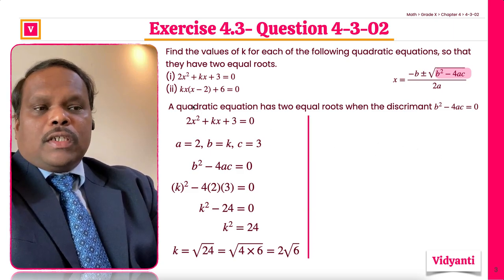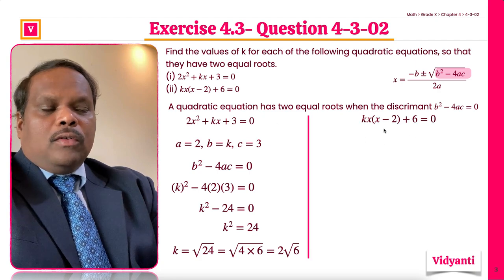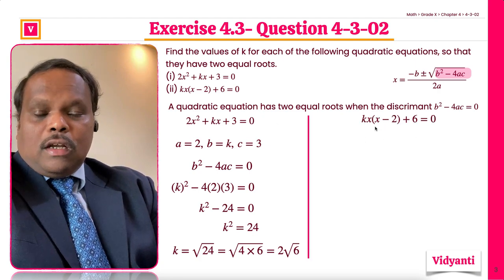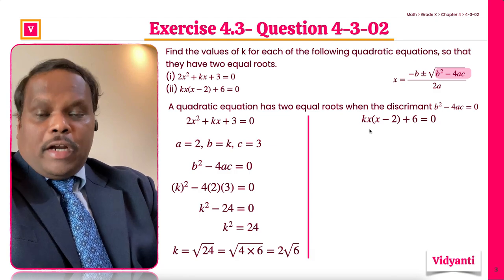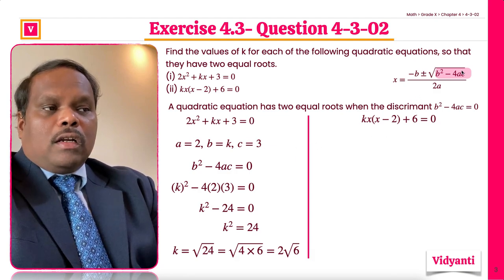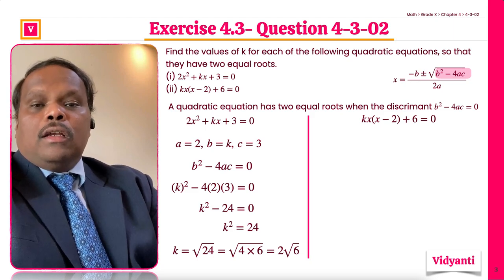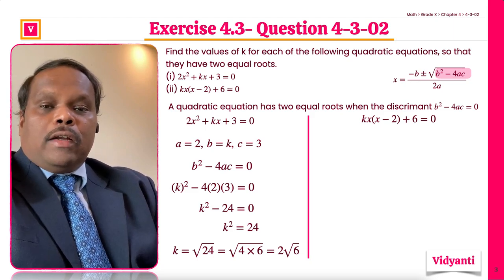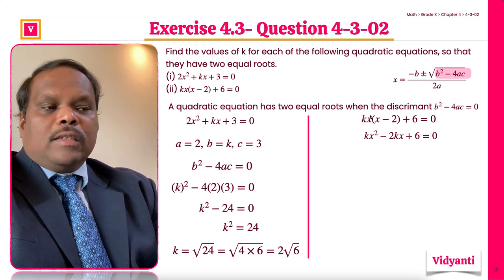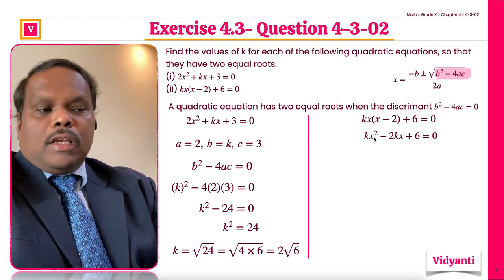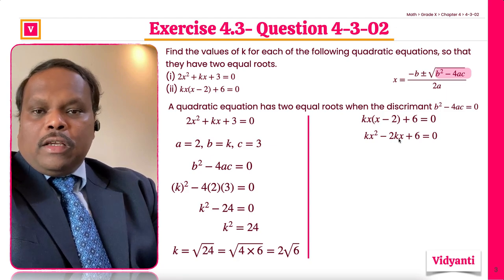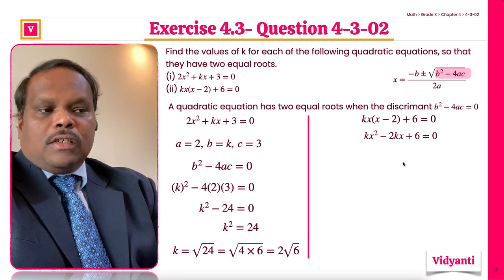Let's take the second sub question. Let's write it down, and we'll try to bring it into the standard quadratic form, because eventually we are going to evaluate b square minus 4ac. For that purpose, we require the values of a, b, and c. So let's make it as simple as possible. kx times x is kx square. kx times negative 2 is negative 2kx, and plus 6 as it is.